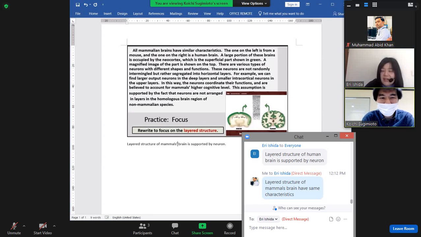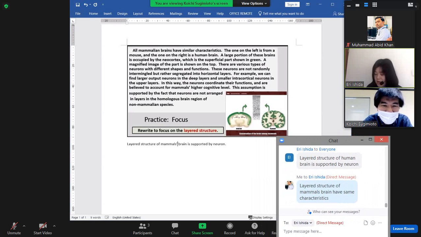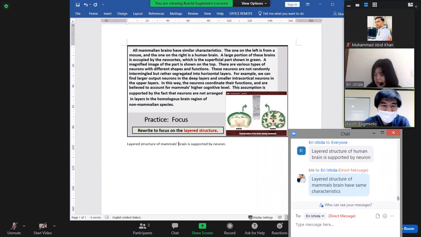So that is a layered structure. And we should include layered structure in the topic sentence. Yes, I think that's right. Okay, so the layered structure of mammal brains.